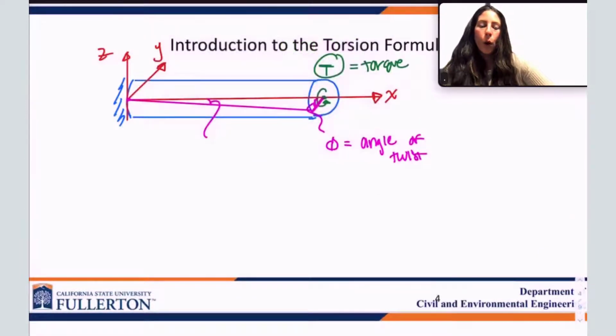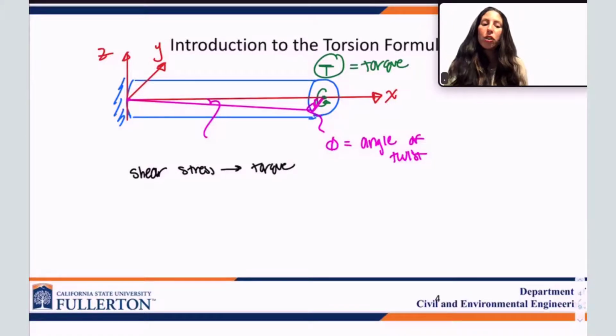So let's continue here. What we want to do is remember the formula that relates shear stress to torque. So what we're asking ourselves is, when we apply torque to a system, what is the shear stress that develops from that torque, okay?